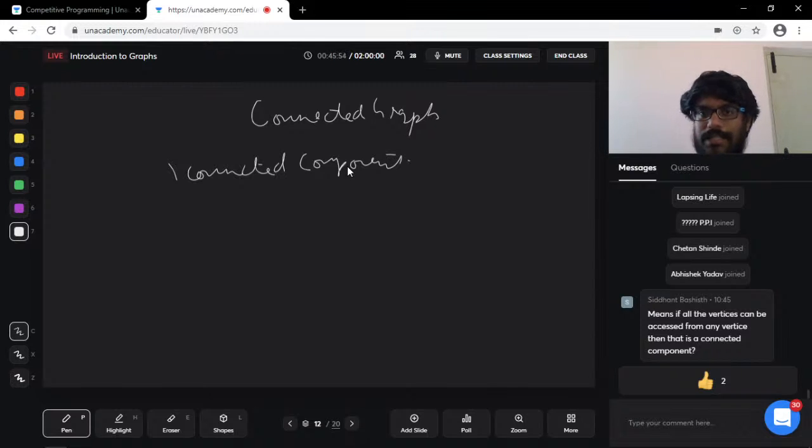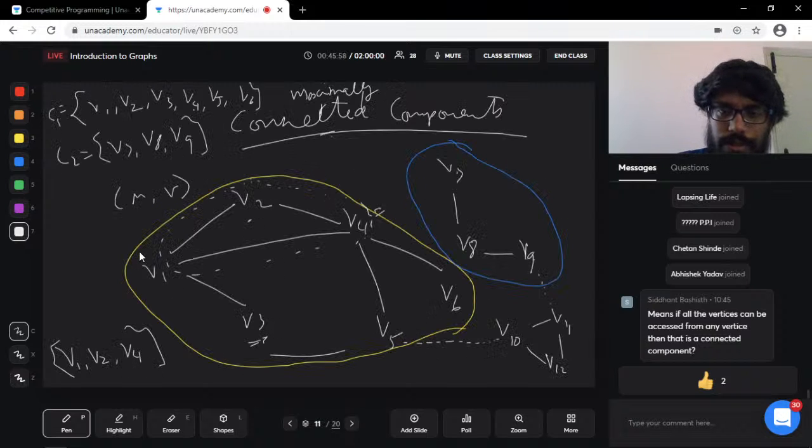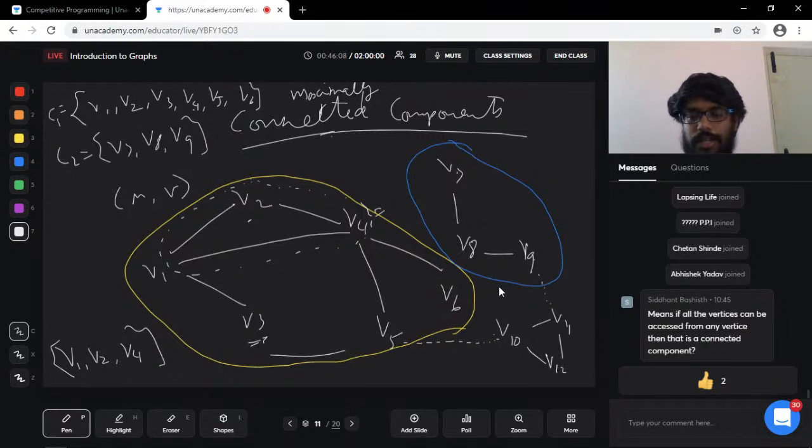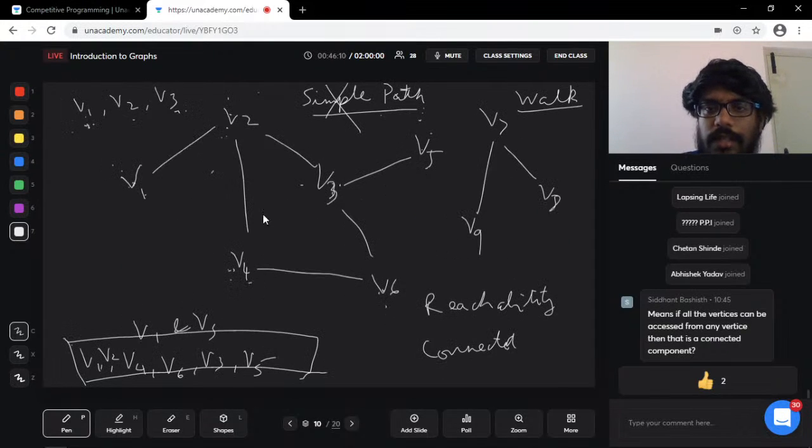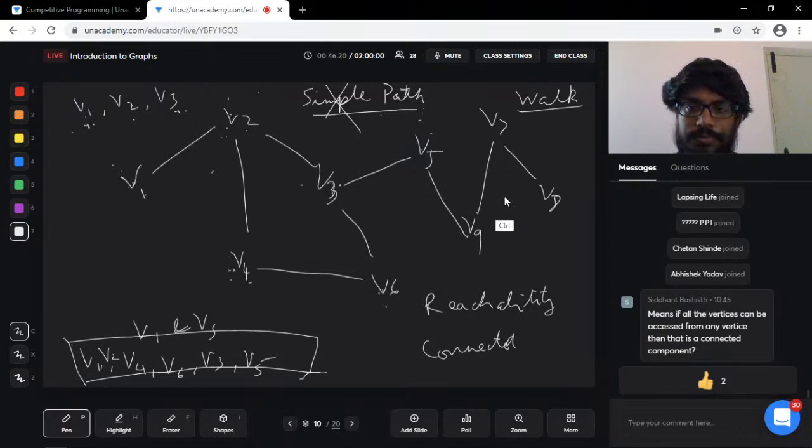In this case, the graph is called a connected graph. So with these dotted edges put, this entire graph is a connected graph. If either of these two connected dotted edges is not there, then it is not a connected graph. In particular, this is not a connected graph because there is no way to go from V2 to V7. But if this was there, then yes, this entire graph is a connected graph. Got it?